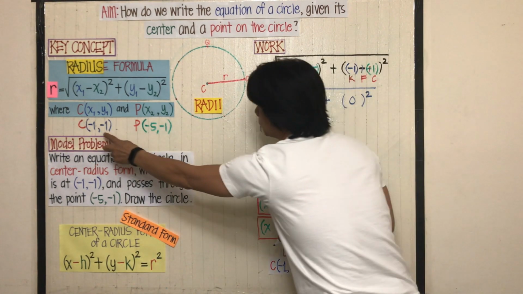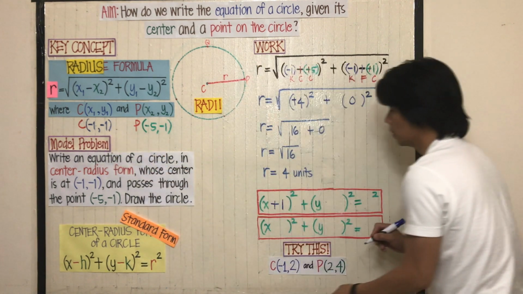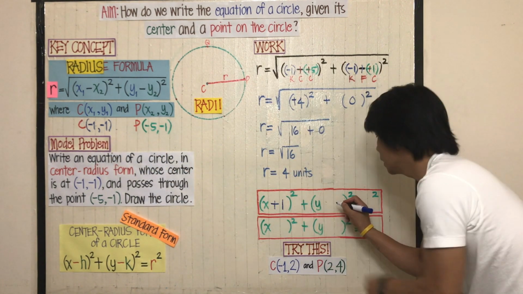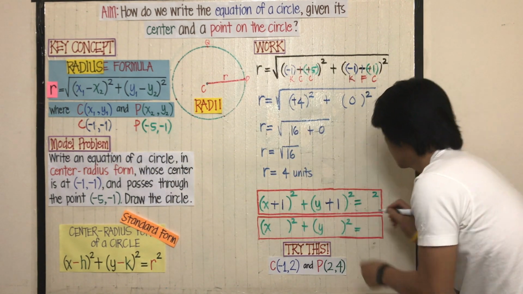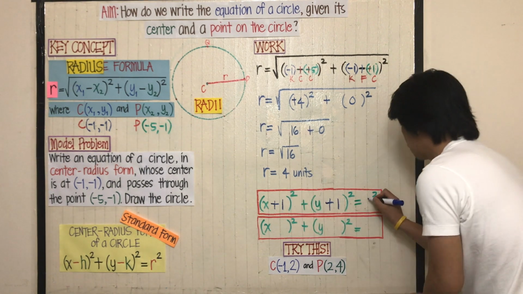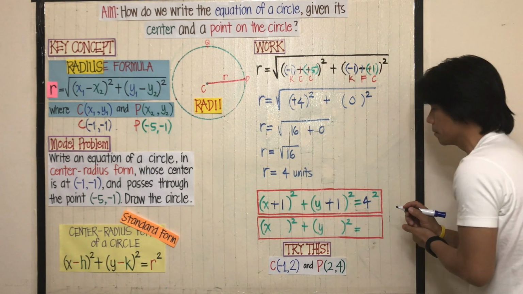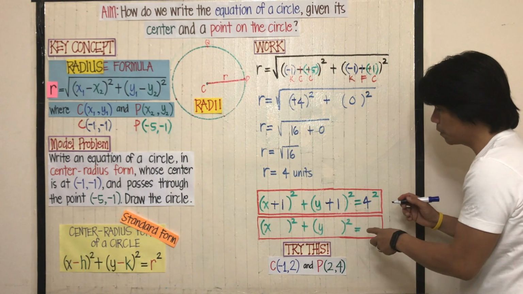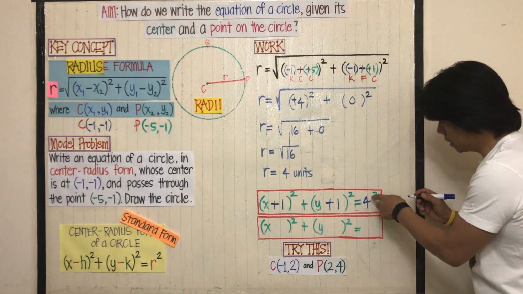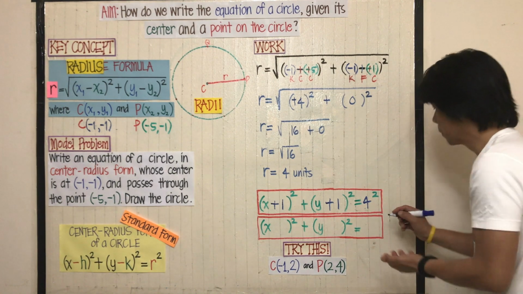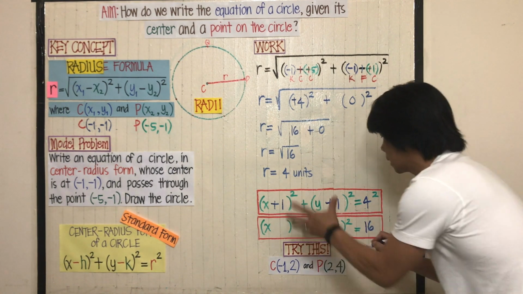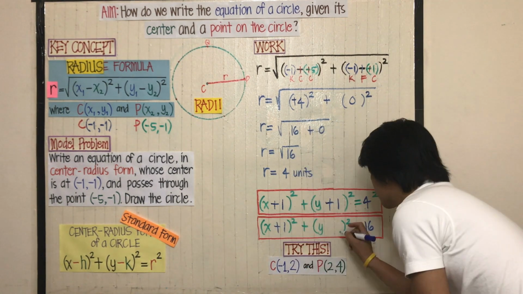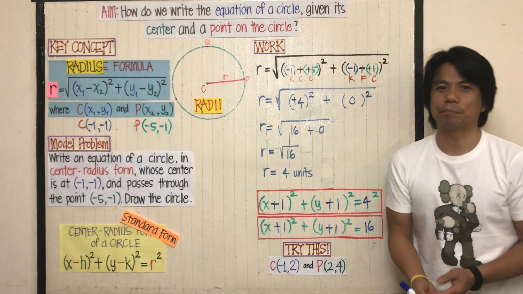Also with the K value, which is -1, it becomes +1. And the radius is 4 units or 4 squared. Now, you can leave your answer like this, or you can take it further by simplifying this. 4 squared is 16. Then copy the rest. And there you have it.